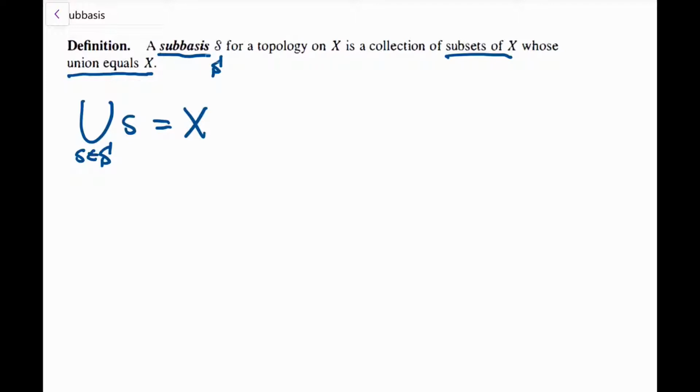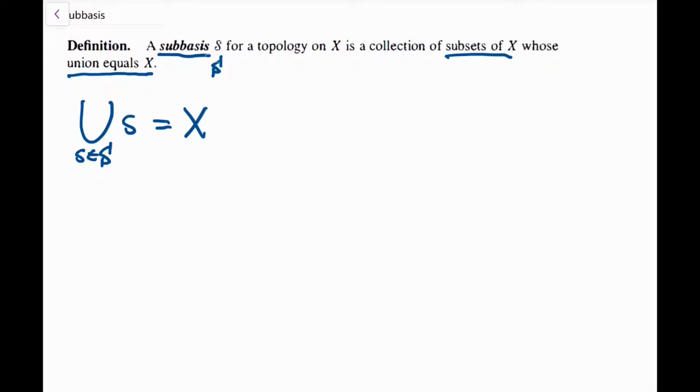So this is the definition of subbasis, and the reason why we need the subbasis is that we want to use the subbasis to generate the topology just like the basis. So a very natural way to do that is if we can make the subbasis into a basis, then we can use the method for basis to generate the topology.